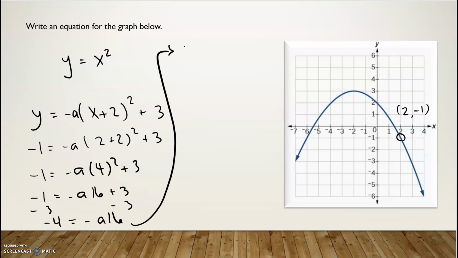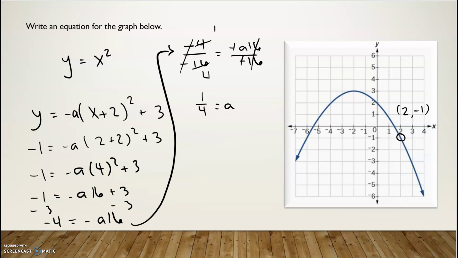So we're going to have -4 divided by -16. So cancel the 16s and the negatives. A negative divided by a negative will cancel out, become positive. Take a 4 out here, take a 4 out here. So it looks like A is equal to 1/4.